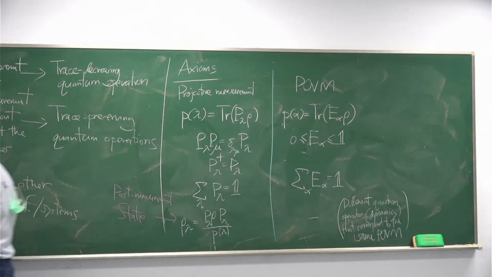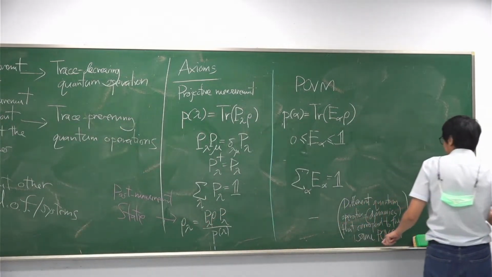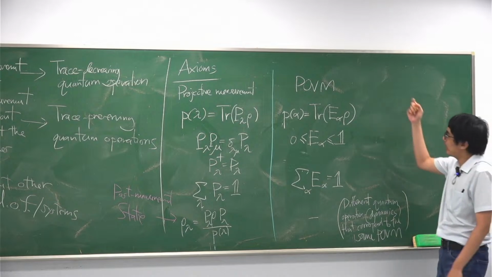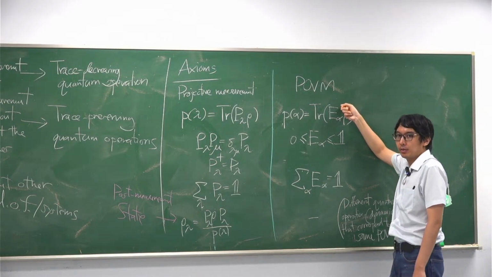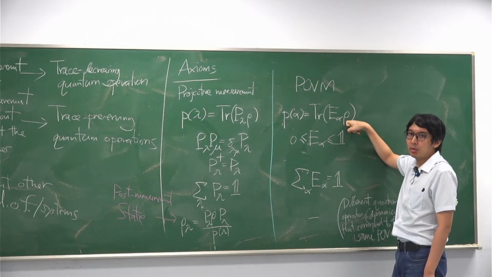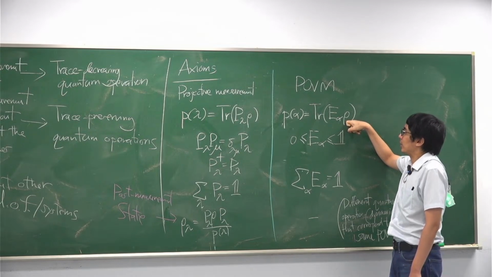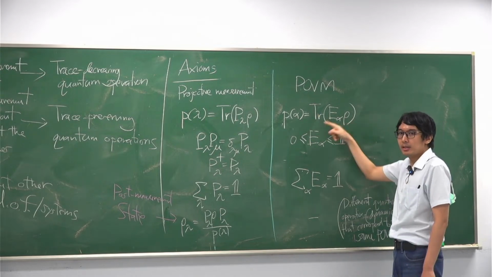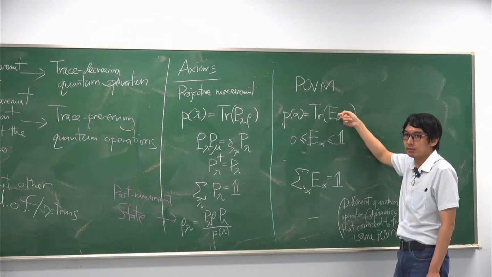So here, there's no physics yet. I just want to note that this is indeed the most general way that we can compute probabilities from a density matrix, because rho is a positive operator, and I think you can prove that in order to make this trace positive, whatever E is here, you need it to be positive as well.